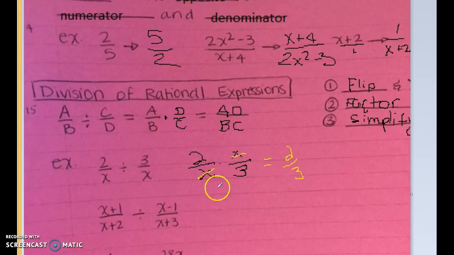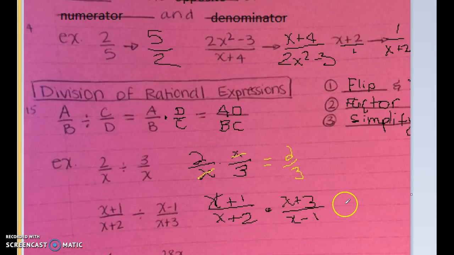For the next example, we leave our first one alone, so we have (x plus 1) over (x plus 2), and we change it to times, and flip the second one, (x plus 3) over (x minus 1). When we multiply, we don't have anything that we can actually cancel here, so we would just leave it completely like it is.